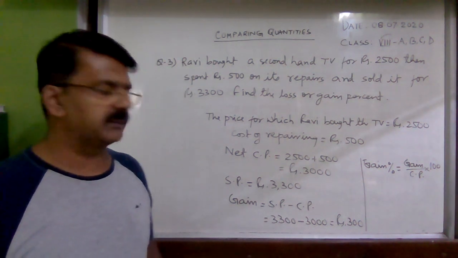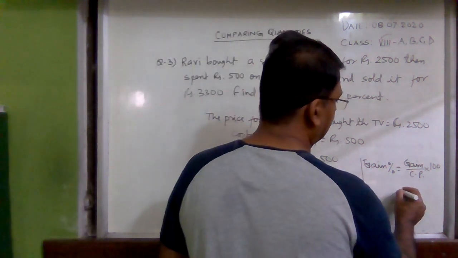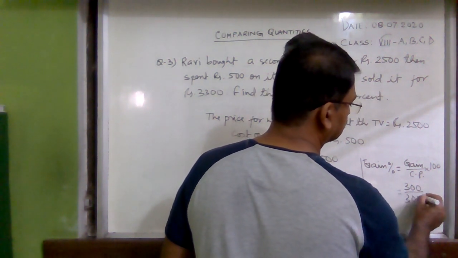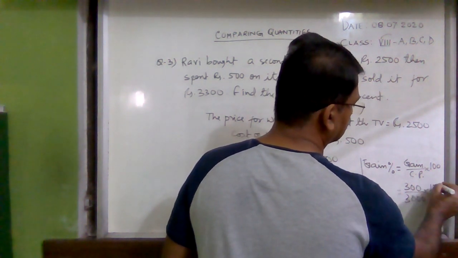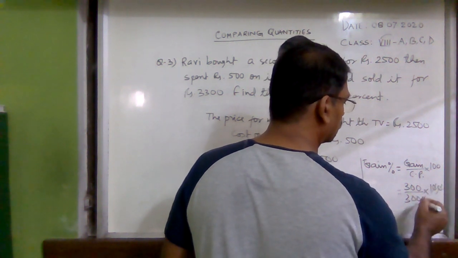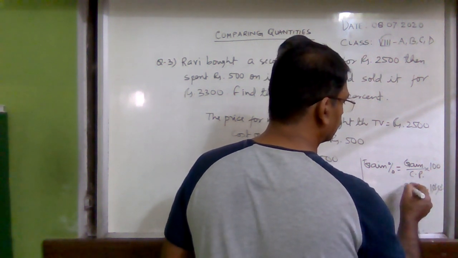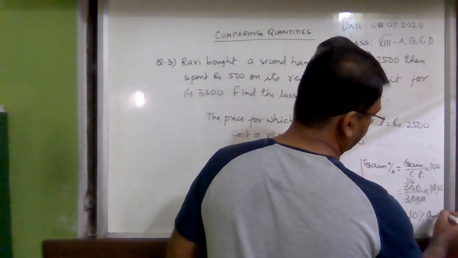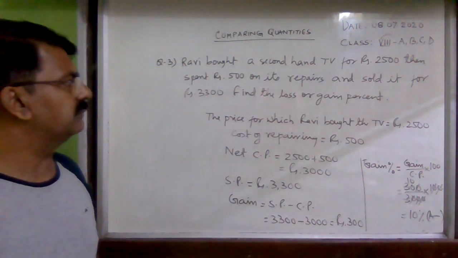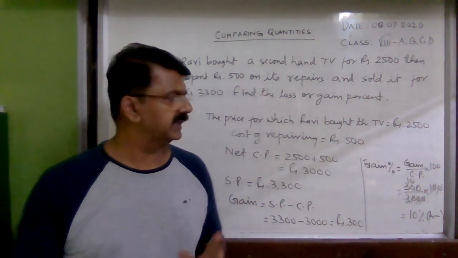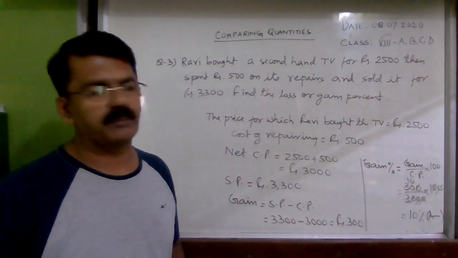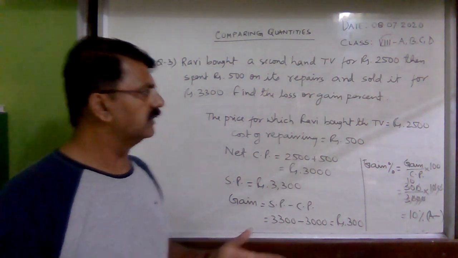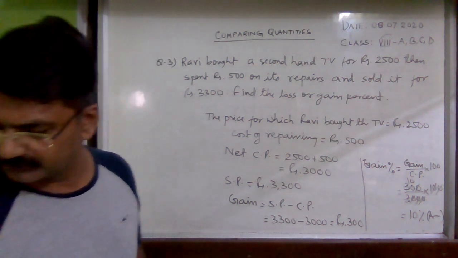So it is gain upon CP into 100, that is 300 upon 3000 into 100. So you can see the answer is 10%. So Ravi is getting 10% profit or 10% gain. Is it clear? That is the profit percent or the gain percent of Ravi. Okay. Now we will do the next question.